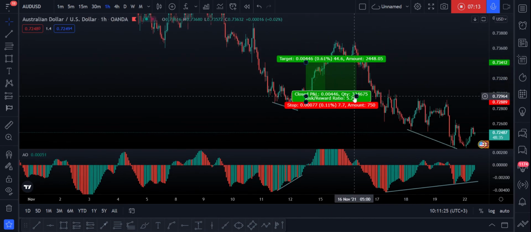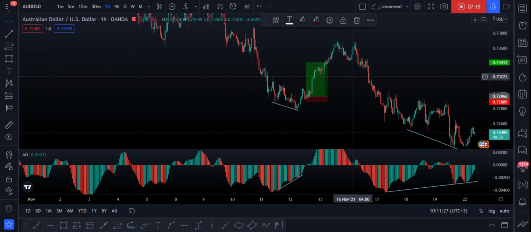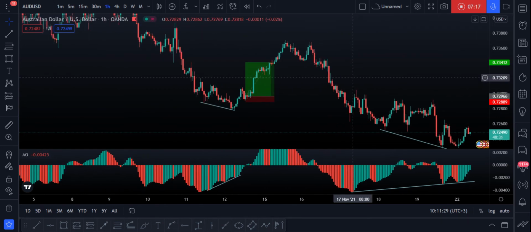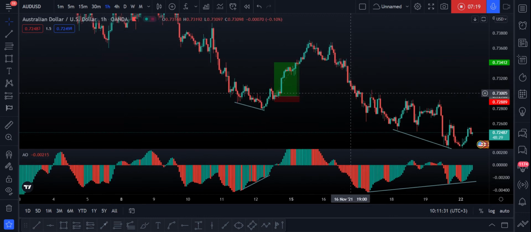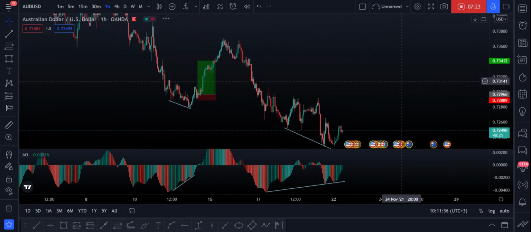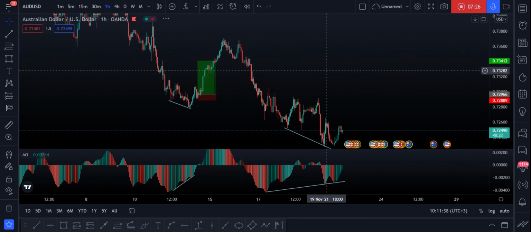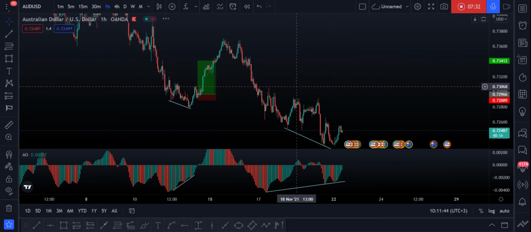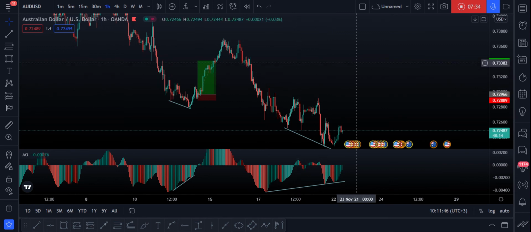Basically, that's how I enter my trades. In a week, you can have a few signals across all pairs, let's say 5 signals, and all of those can result in 10 to 15% in a week.